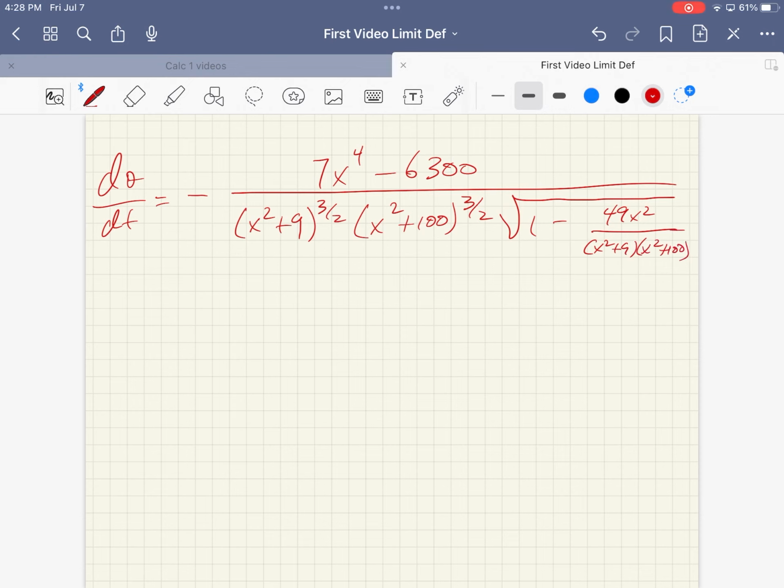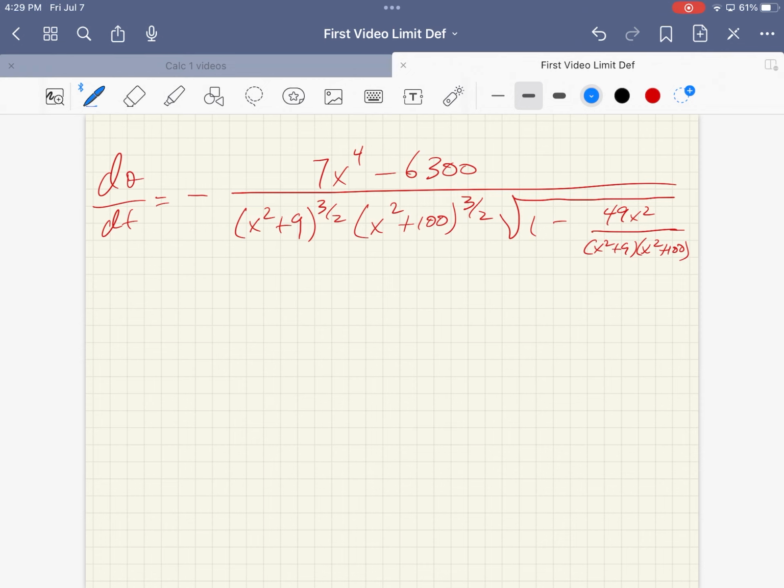Now, I want you to see that all this makes sense, because since this was raised to the 1/2, obviously now it would be raised to the 3/2 because it's negative. So it became more negative, okay?